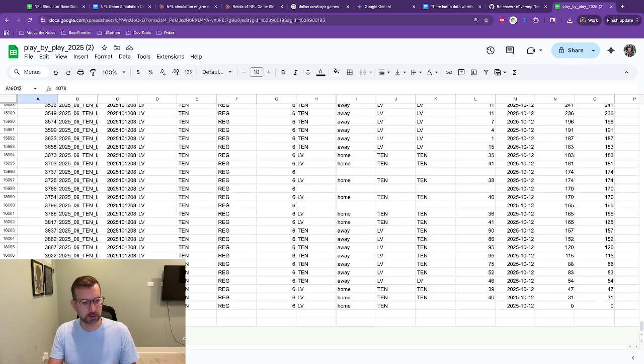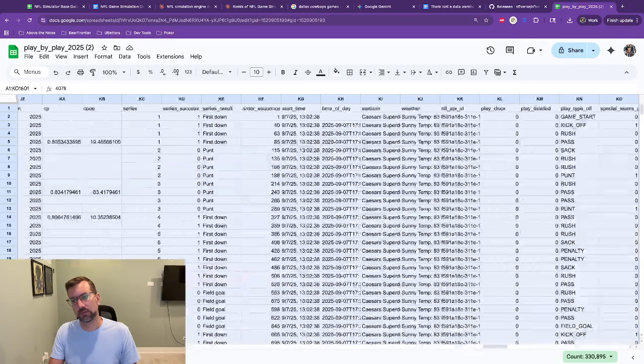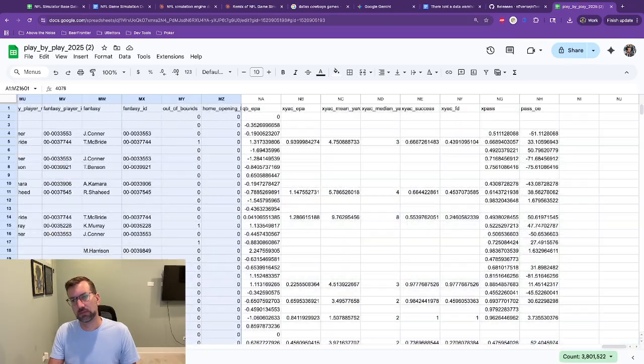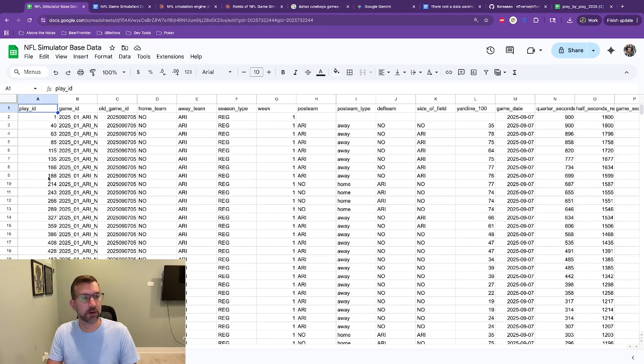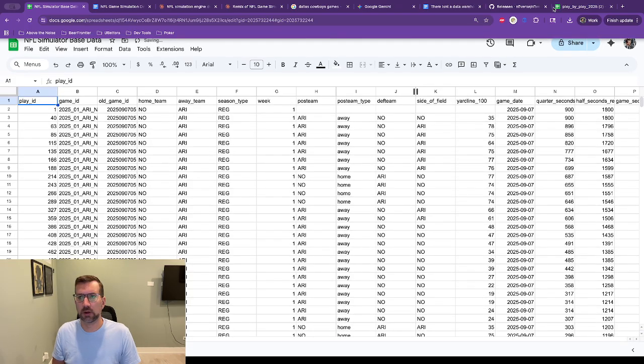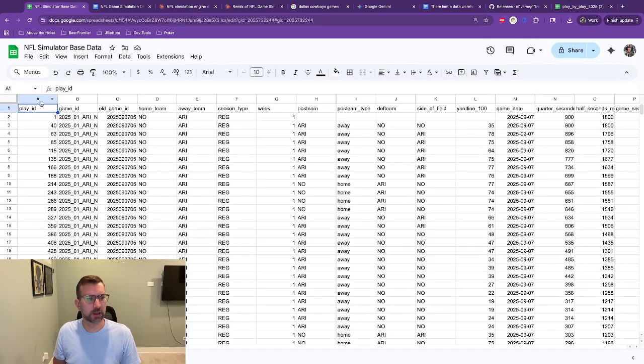Maybe I want to go the other way. Let's go up to the top and then open. Maybe I'm just not good at copy pasting, spending too much time in the database, not enough in spreadsheets. And that just didn't do anything. It's like my copy and pasting isn't actually applied.